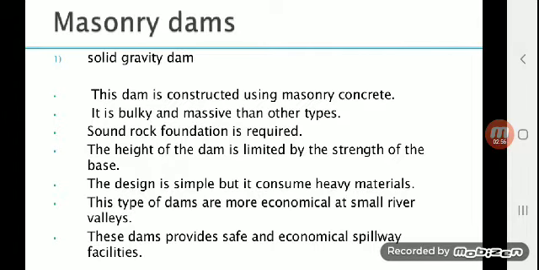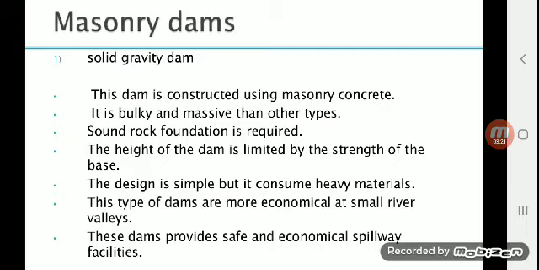The design is simple, but it consumes a lot of heavy materials, so a lot of concrete will be used in these types of dams. It is a very heavy, very bulky structure. You can see it from some miles away, and it is very high.